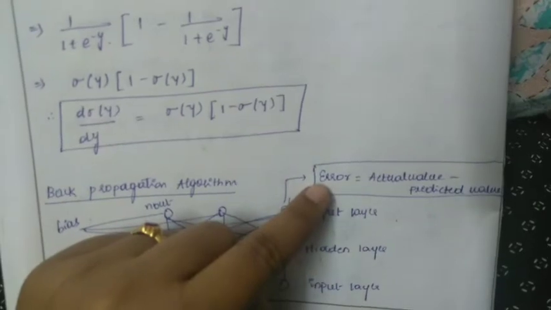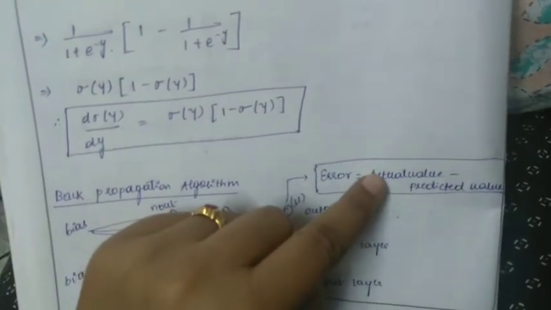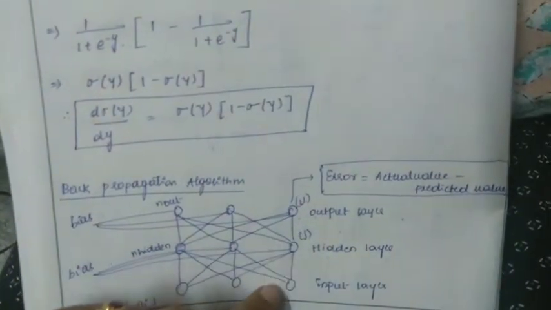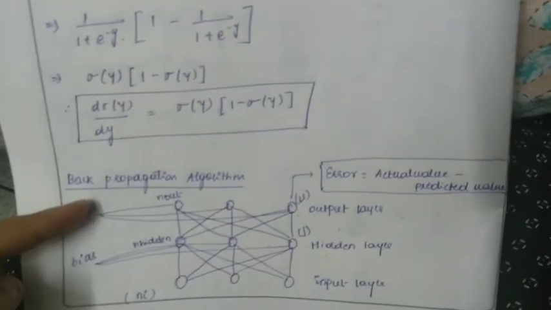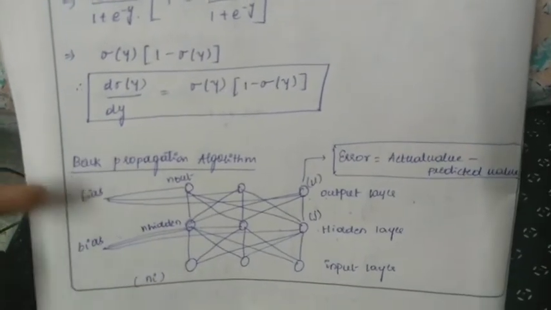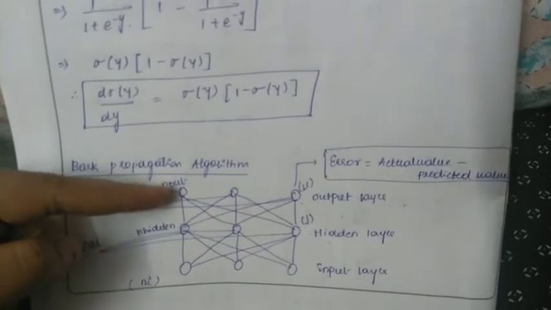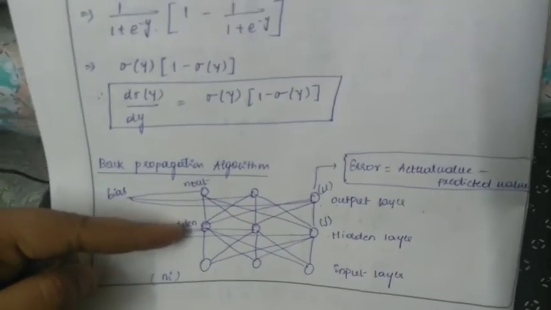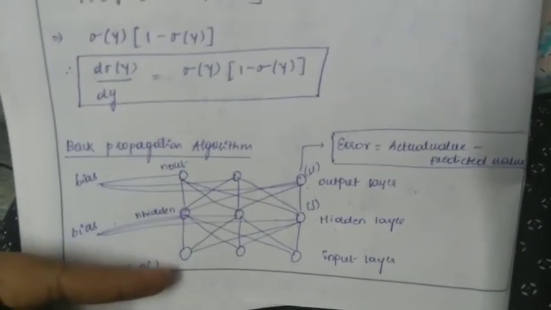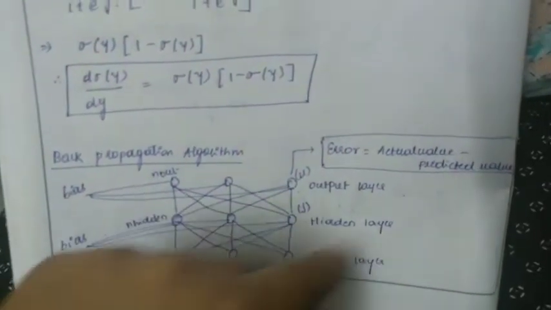When the predicted value is not equal to the actual value, we backpropagate and update the weight. The weight is updated as Wji plus delta Wji. When we backpropagate, we move from the output layer to the hidden layer, and from the hidden layer to the input layer, updating the weights at each and every step.